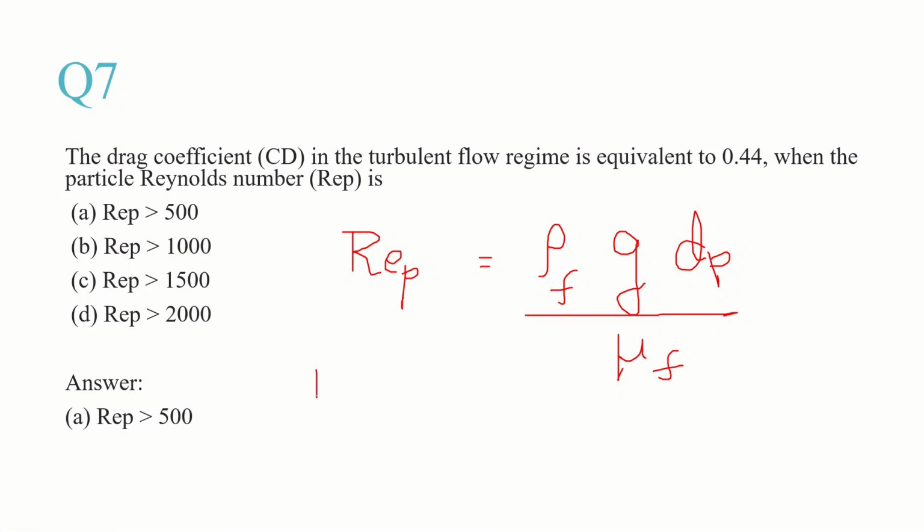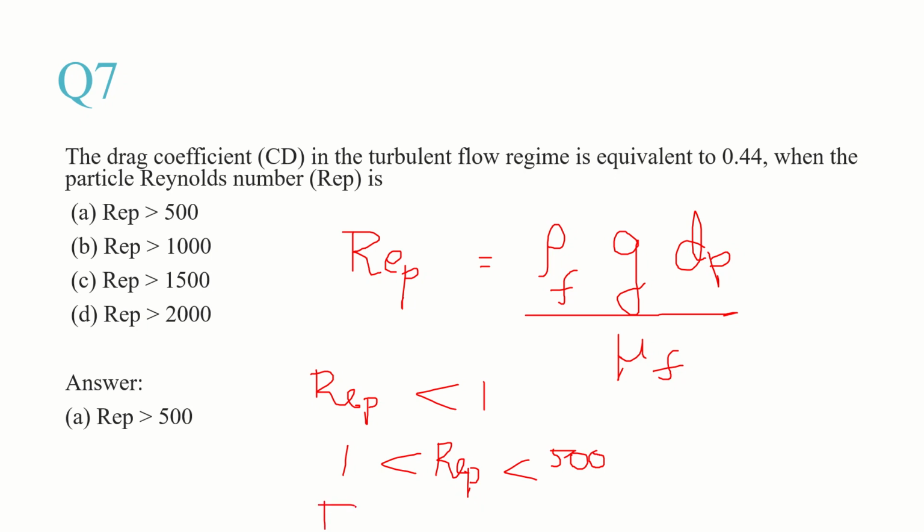If Re_p is less than 1, we associate it with the laminar regime, so it is Stokes flow. If Re_p is between 1 and 500, it is not turbulent, sorry, it is the transition regime between laminar and turbulent.